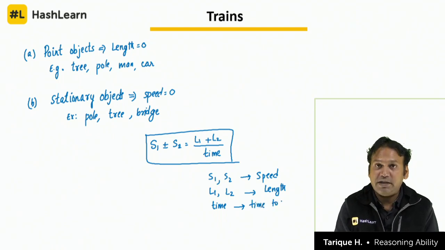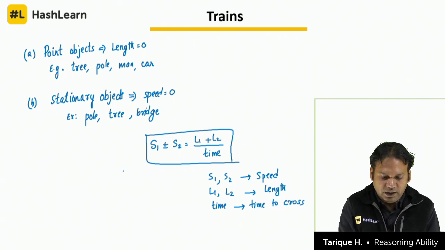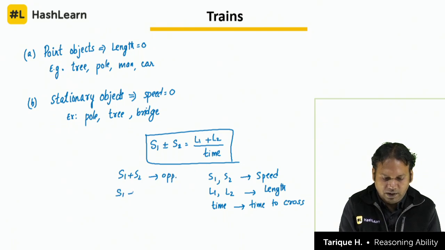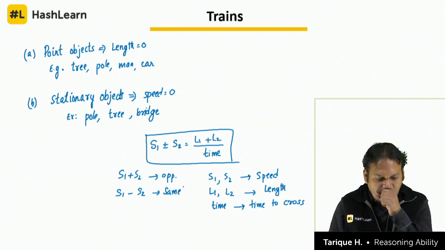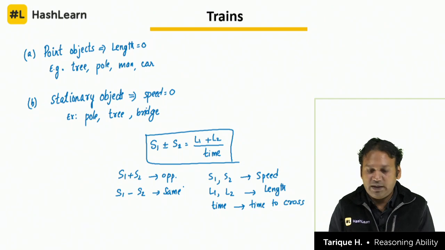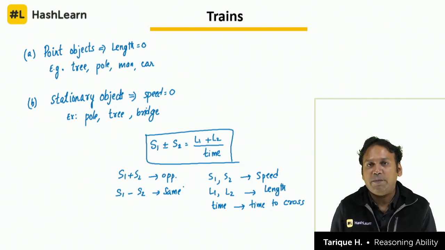Whether it is in the same direction or the opposite direction, that is not important. We take S1 plus S2 when they are moving in the opposite direction, and S1 minus S2 when they are moving in the same direction. Take point objects and stationary objects accordingly, length 0 and speed 0, and you will be able to solve all the questions by using this formula.